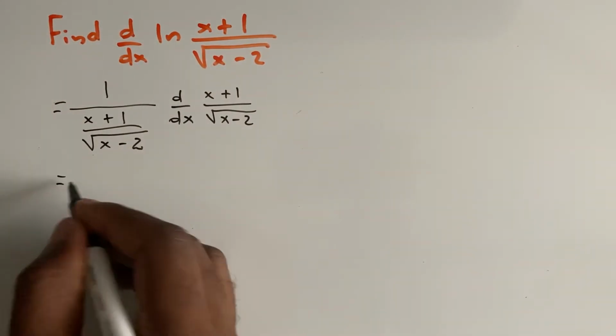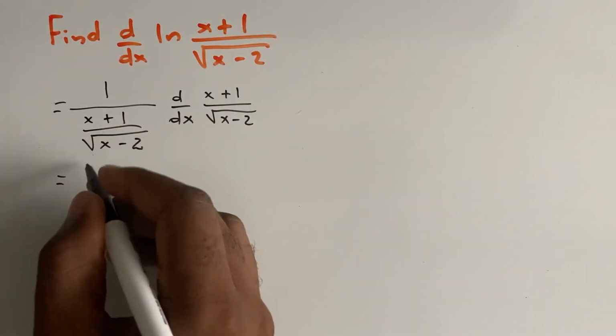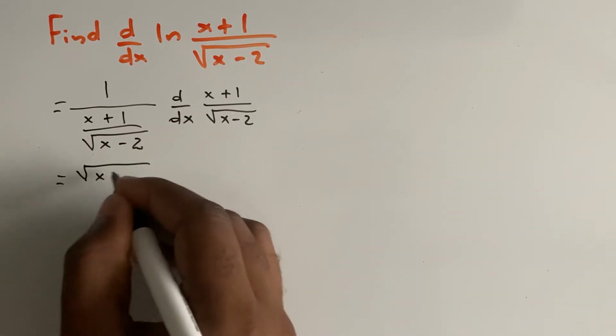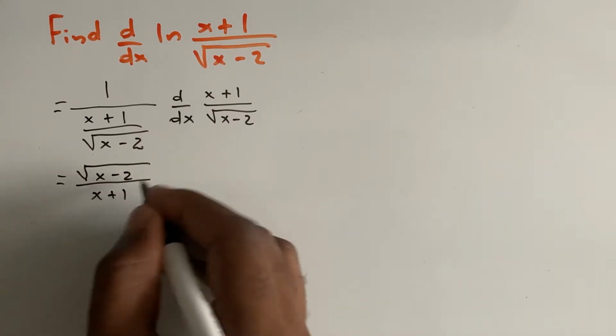If it's a quotient, we can do it this way. First, let's rearrange the first part. Remember, this was 1 over this, so I can flip it as square root of x minus 2 over x plus 1.